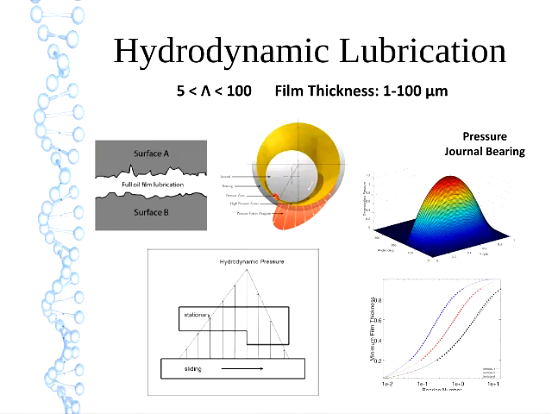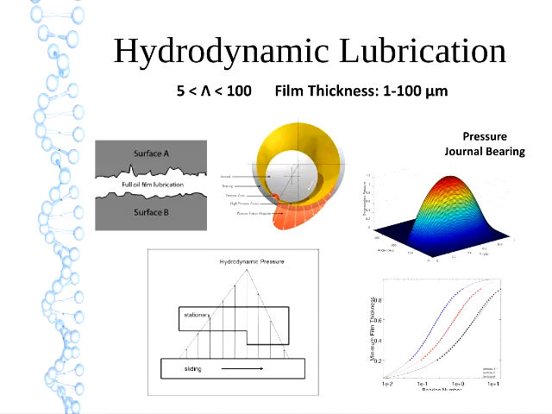When you look at a Stribeck curve with the lubrication regimes drawn in, they oftentimes show elastohydrodynamic as being a region in between mixed and hydrodynamic lubrication, but in general they happen with different shaped contacts. So common examples of hydrodynamic lubrication are journal bearings.